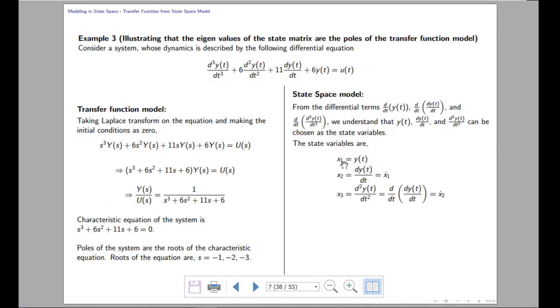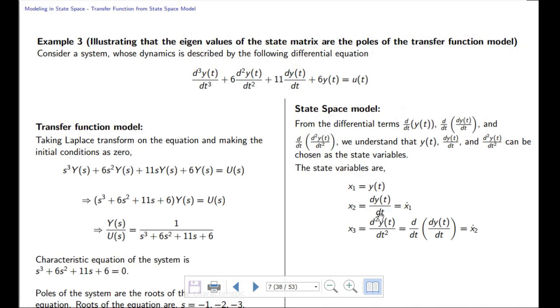So y of t is my first state variable and dy by dt is my second variable. Since y of t is already defined as x1, this is nothing but x1 dot. And the third variable, d square y by dt square, I define as the third state variable. d square y by dt square is nothing but d by dt of dy by dt. dy by dt is already defined as x2, and this is the first derivative of x2, so I can represent that as x2 dot.